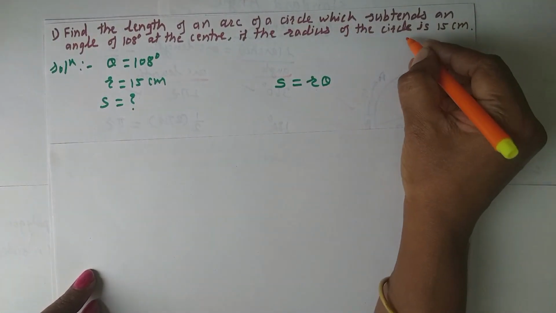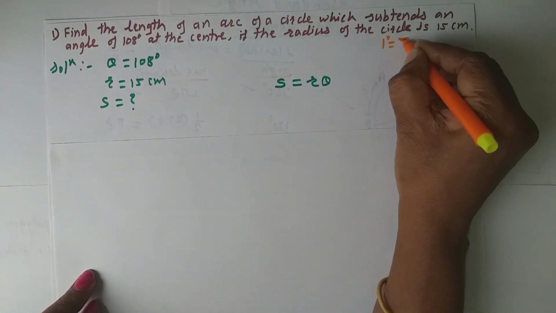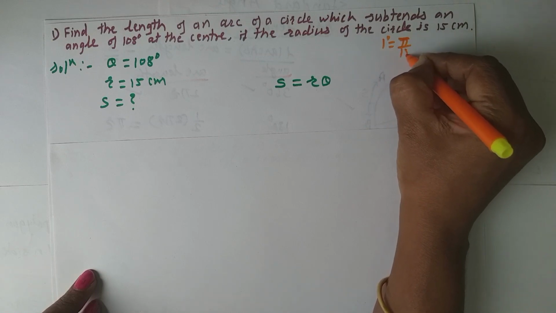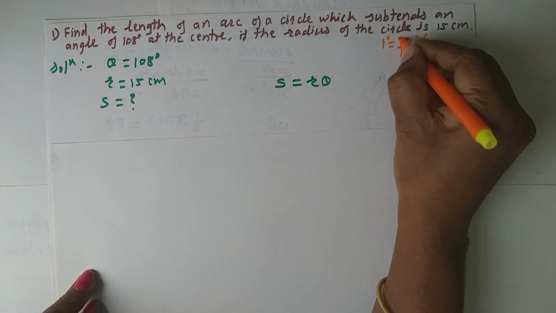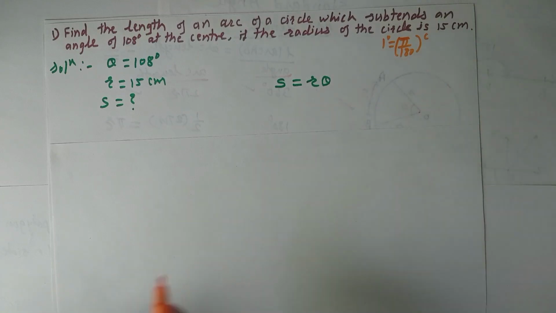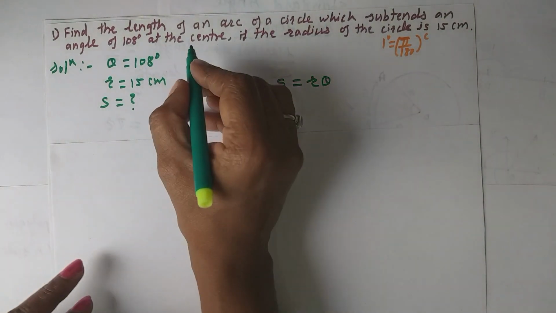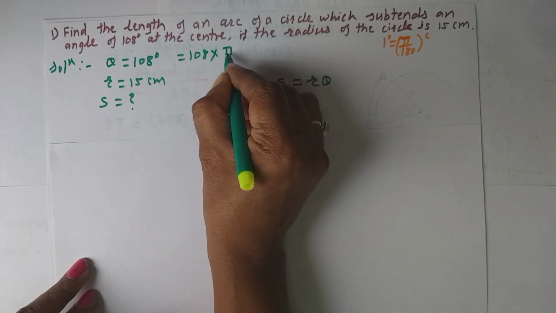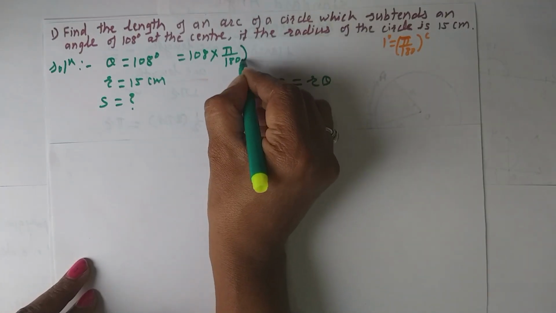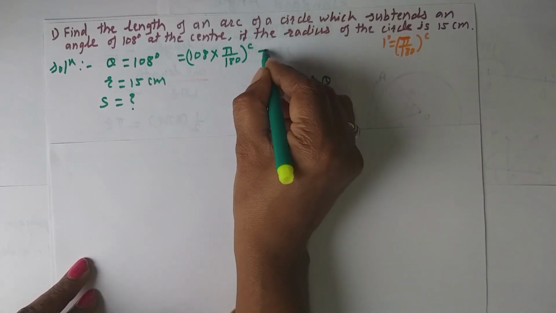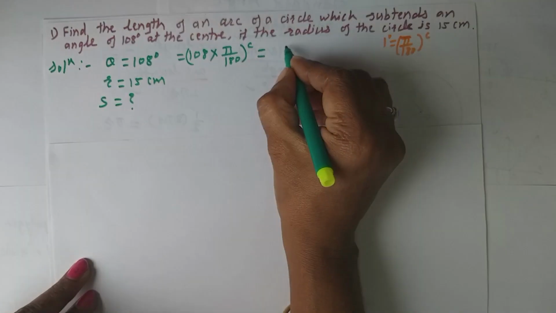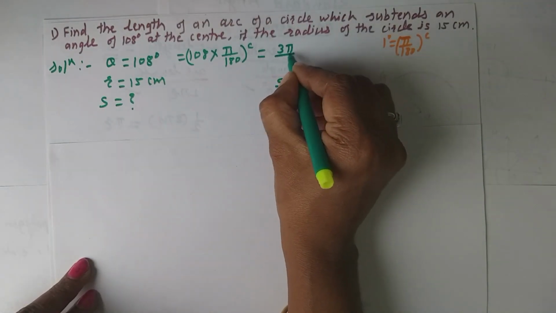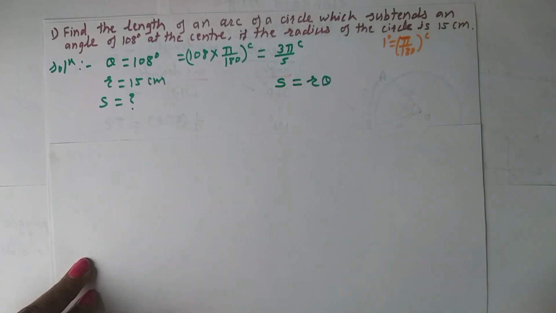And I know that 1 degree is equal to pi by 180 radians. Therefore, to convert this angle into radians, I will multiply this angle by pi by 180. Now simplify this. After simplifying, this is nothing but 3 pi by 5 radians.